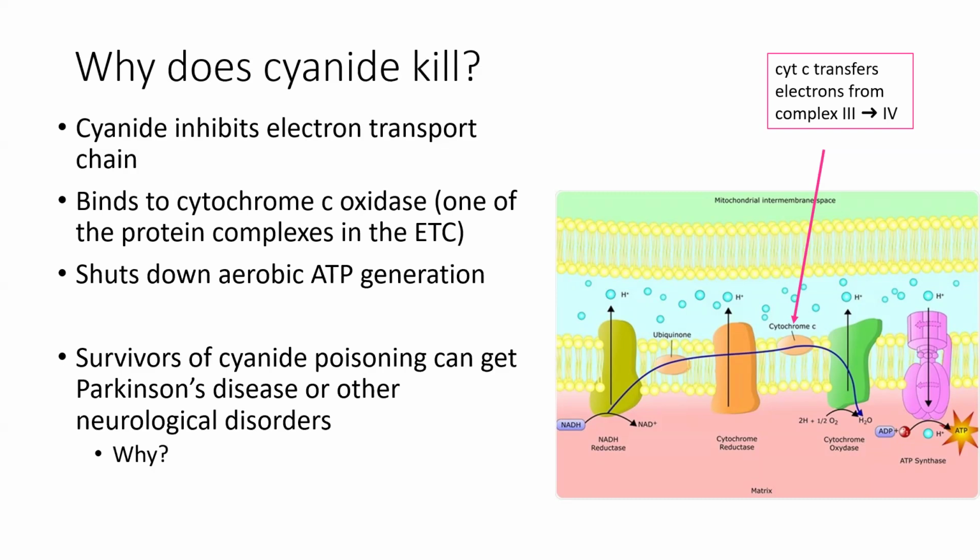This next question I have up here for you. Survivors of cyanide poisoning can get Parkinson's disease or other neurological disorders. Why do you think that is? You can talk about this with someone. Parkinson's disease is a central nervous system disorder, if you're not familiar. So we can get these neurological conditions once there has been cyanide poisoning, if you happen to survive. Why do you think that is, Charles?